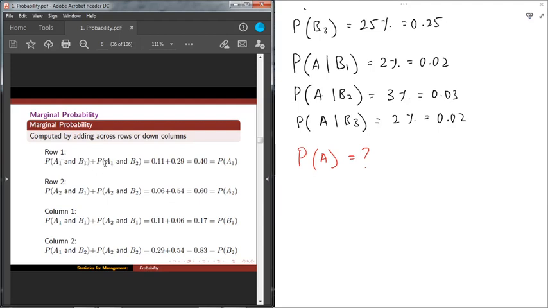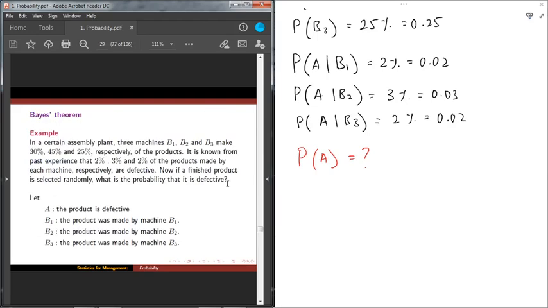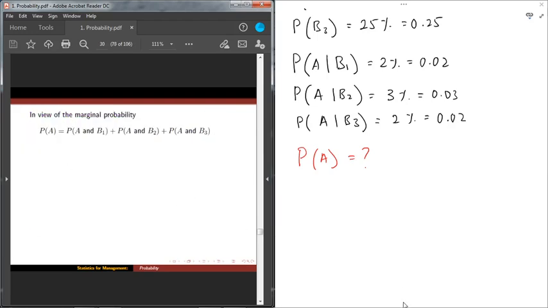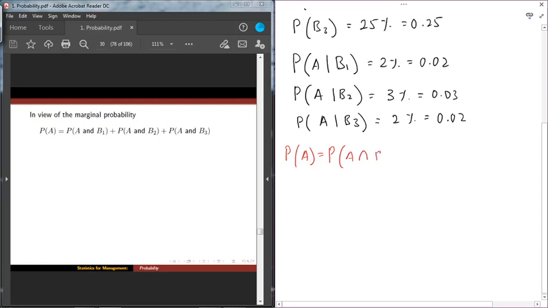So A1 and B1, A1 and B2. If there is a B3, then I need to add that also for me to get A1. Same goes for this one. If I want P(A), what I need to do is add all the probabilities related to A, in this case with B1, B2 and B3. This is the notation for AND. Here I have written the word, here I have used the notation.